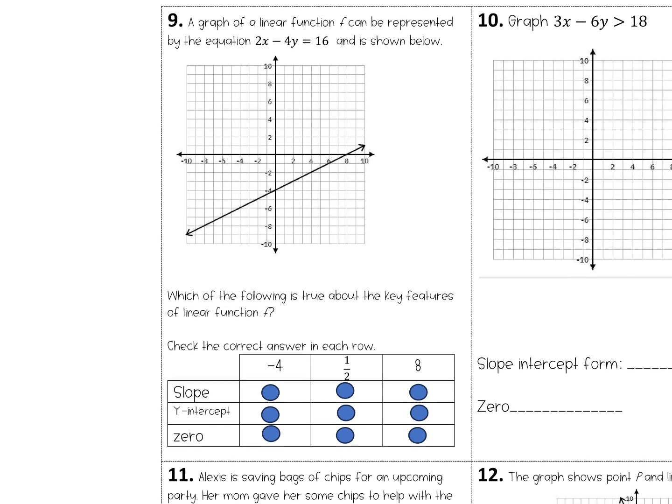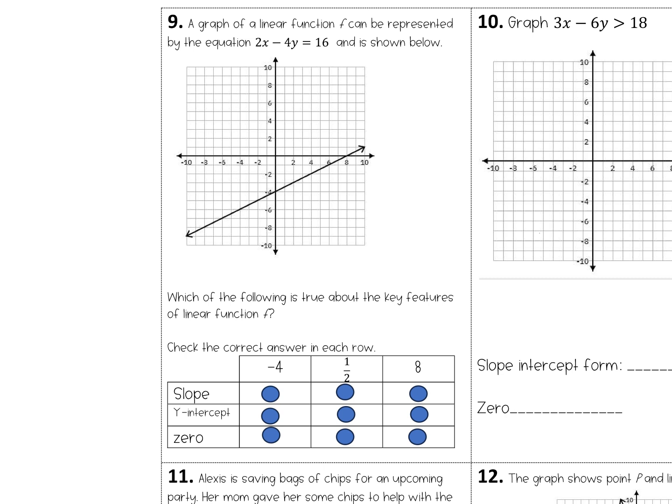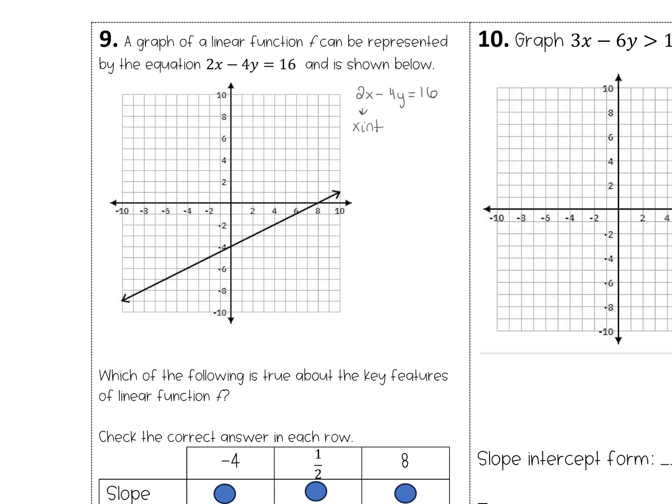And the next one, it says slope, y-intercept, 0. So first thing, remember, 0 is an x-intercept. So 2x minus 4y equals 16. Since the problem asks for the x and y intercepts, we should find the x and y intercepts. So remember, x-intercept, y equals 0.